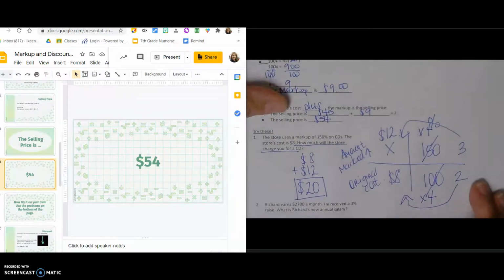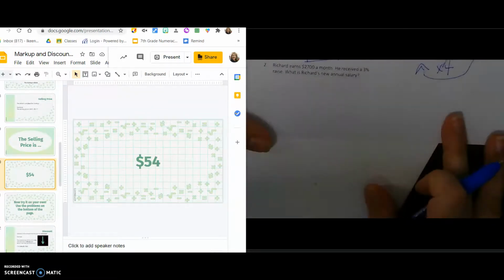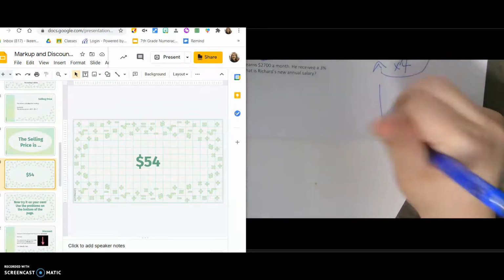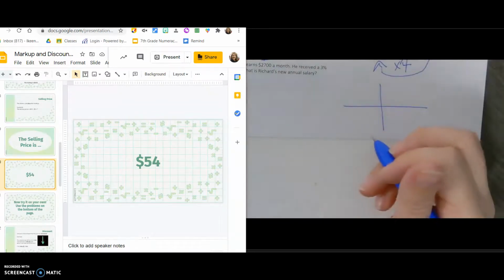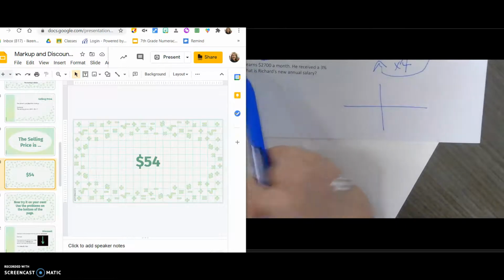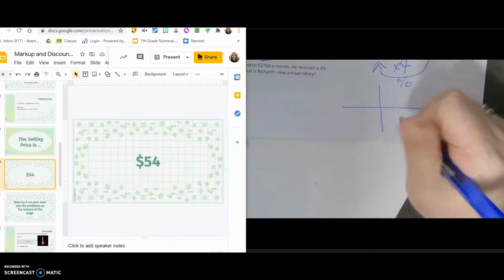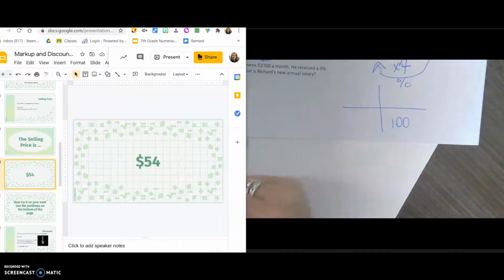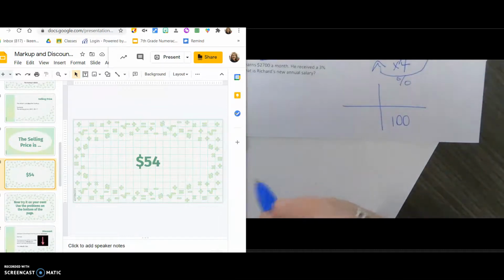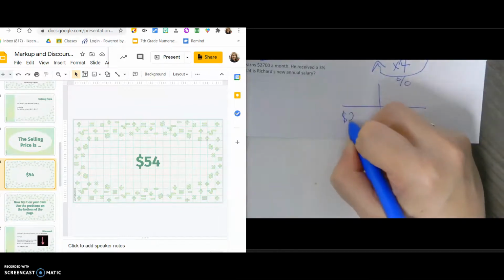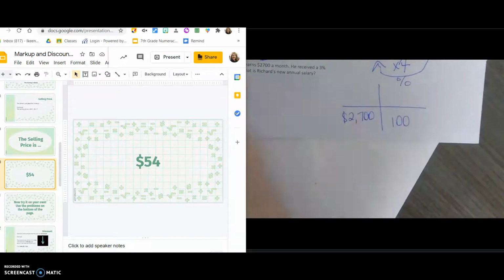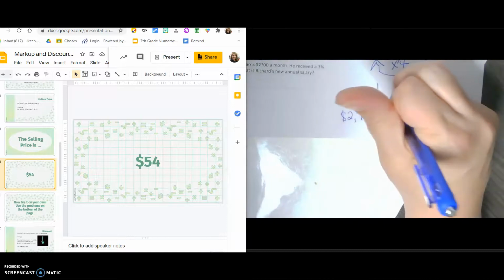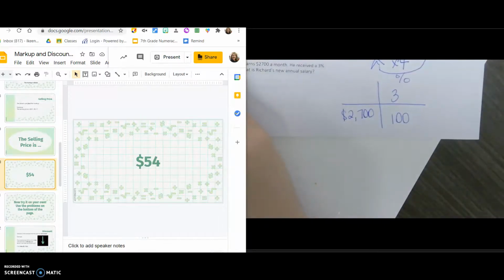Okay, so let's look at number 2. Again, go ahead and set up that percent proportion. Richard earned, remember this is your percent, and percents are always over 100, and it says Richard earns $2,700 a month. So he earns $2,700 a month. He received a 3% raise. So the 3 goes over the 100 because I'm keeping all my percents together.